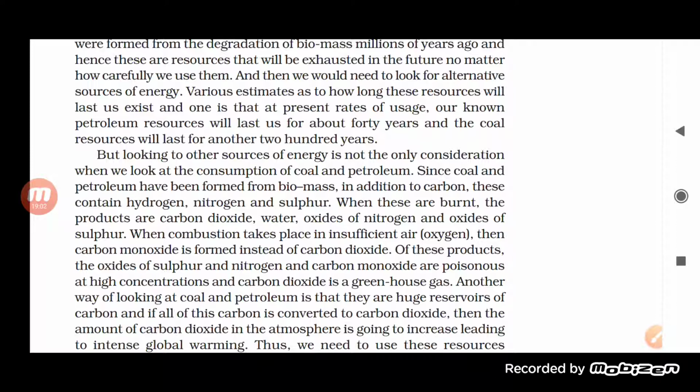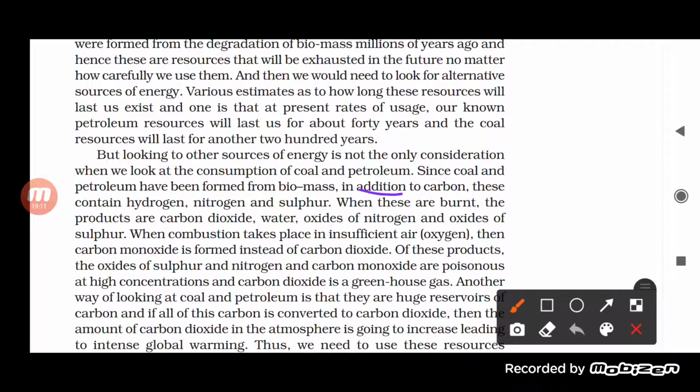Since coal and petroleum have been formed from biomass, in addition to carbon, they contain hydrogen, nitrogen and sulfur. So basically they are made up mostly of carbon, but they also consist of hydrogen, nitrogen, as well as sulfur.